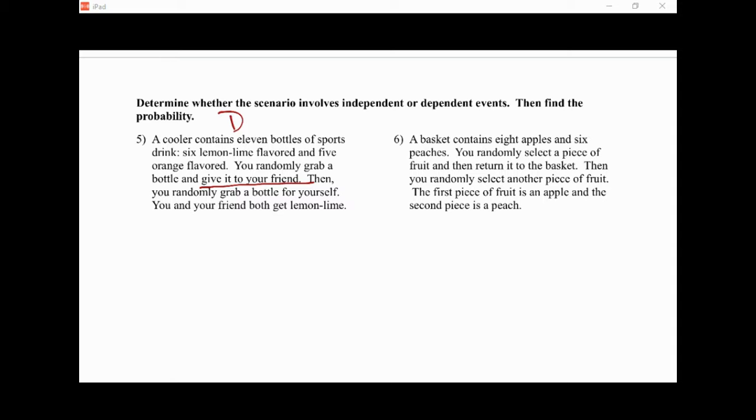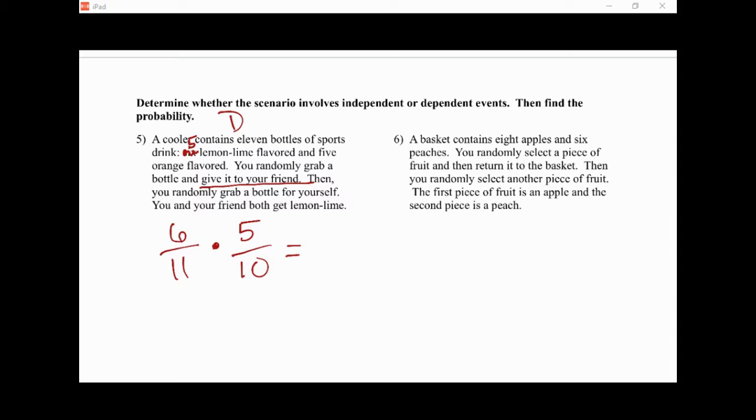So for the first draw, the odds of getting lemon lime is 6 out of 11 because there's 6 lemon limes and 11 total. But you have then taken one of the lemon limes away. So the odds of getting a lemon lime the second time is only going to be 5 out of 10.